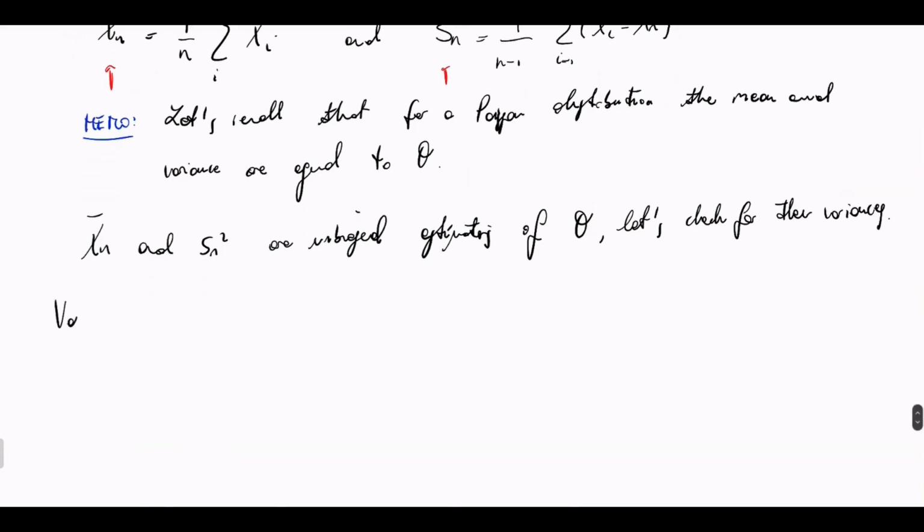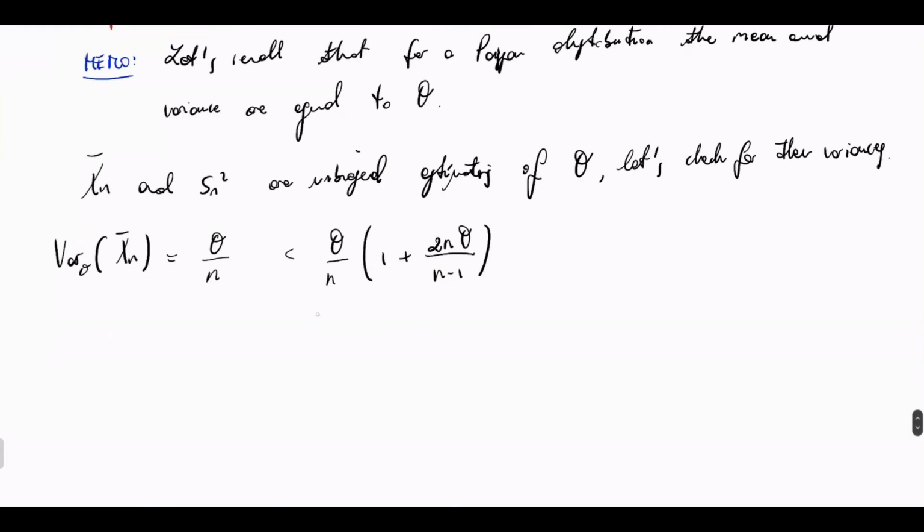The variance of the sample mean is equal to theta over n. And you can prove, and I'm going to skip the details because that's just part of the example, that the variance of the sample variance is equal to this thing right here, which is obviously the same plus something larger than 1.